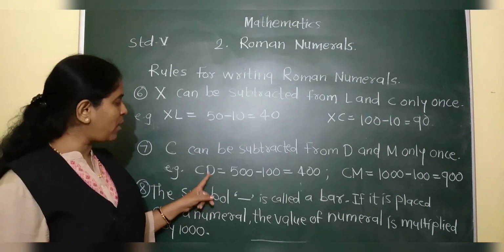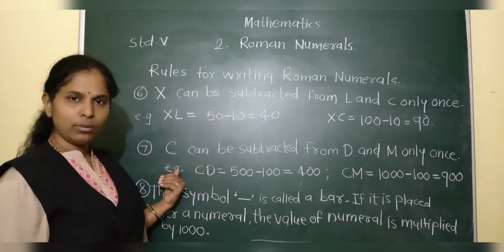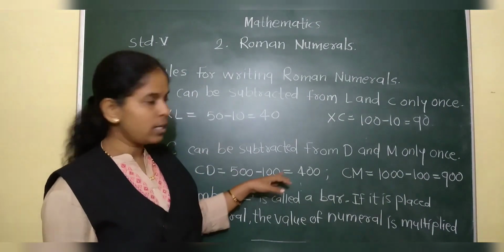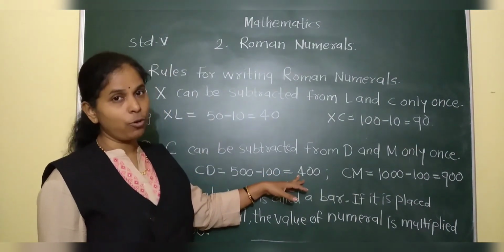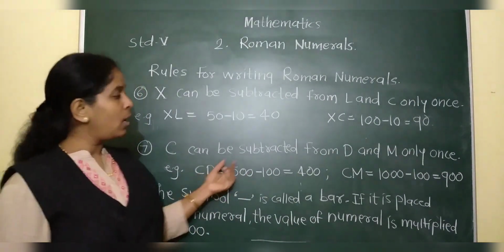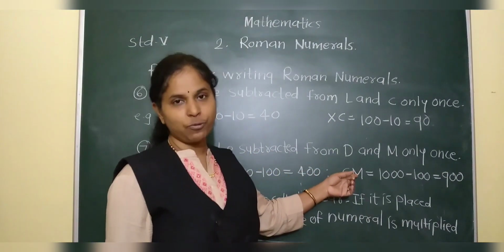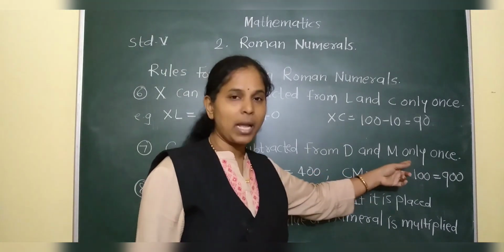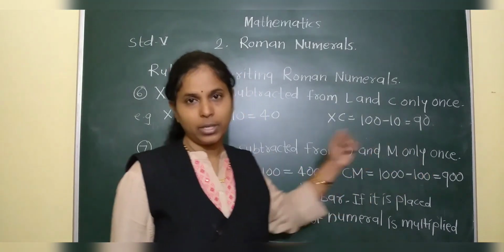See, D means 500. C is before D. That means we have to subtract. So 500 minus 100 is 400. So how to write 400? CD. And CM, M stands for 1000, C stands for 100. So 1000 minus 100 is equal to 900.